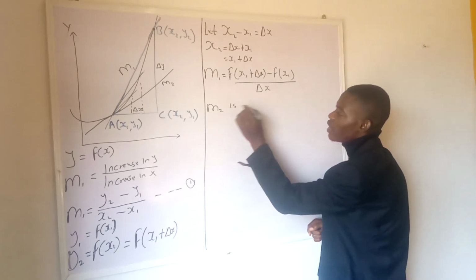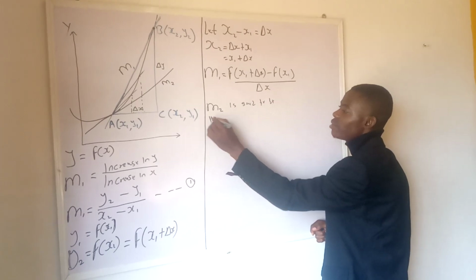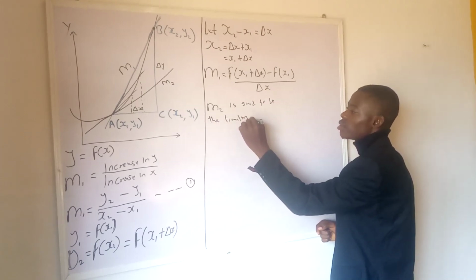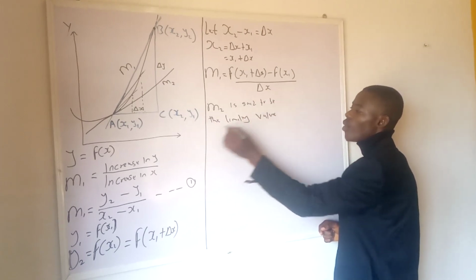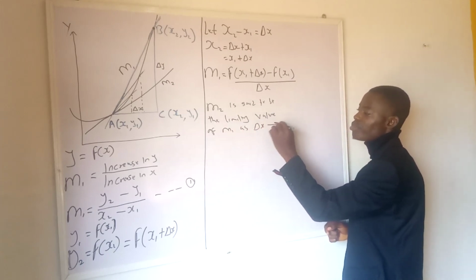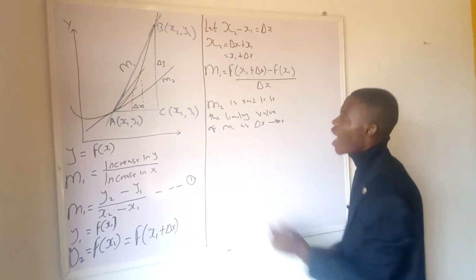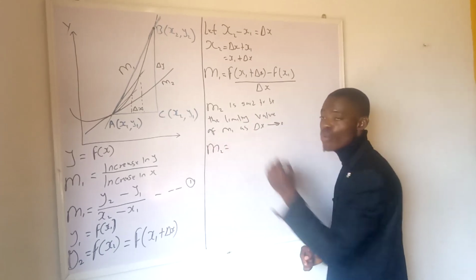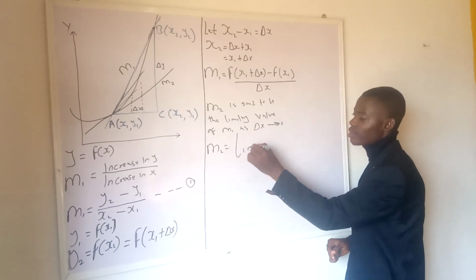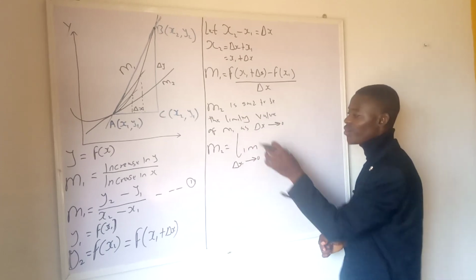So M2 is said to be the limiting value of M1 as delta x approaches 0. And this is simply expressed mathematically as M2 equals the limit as delta x approaches 0 of M1.